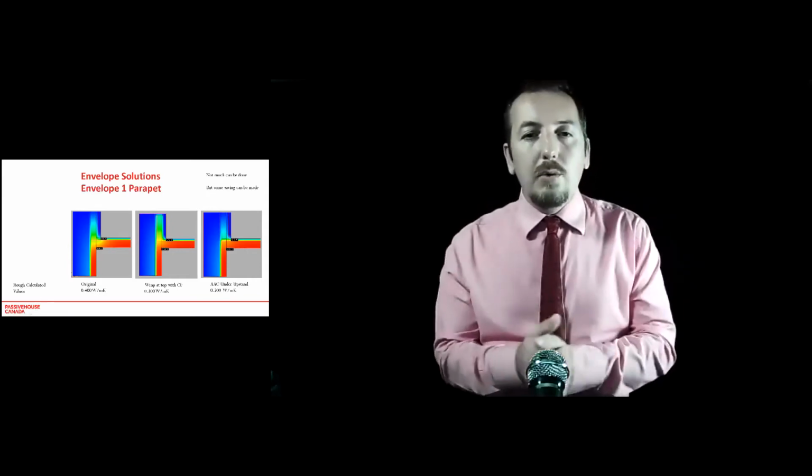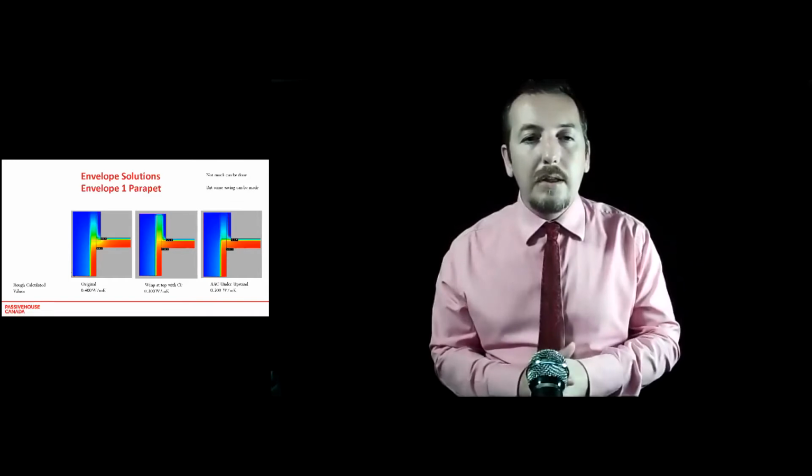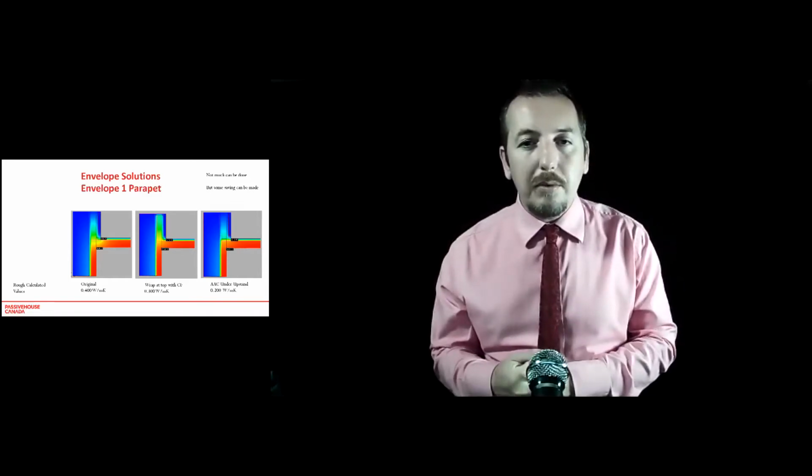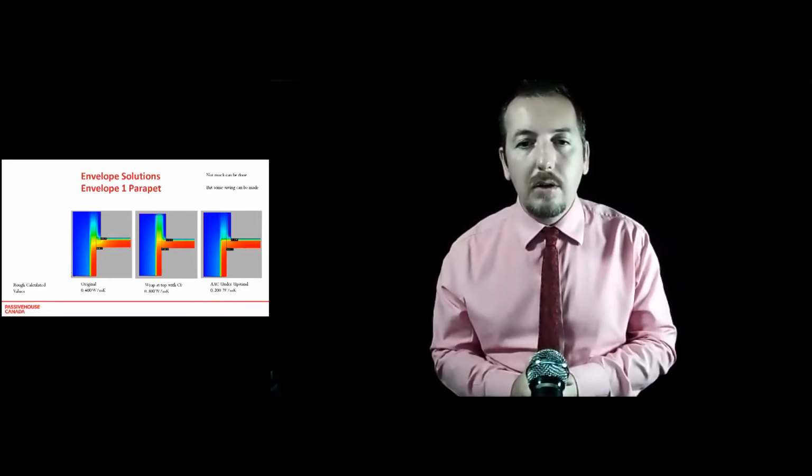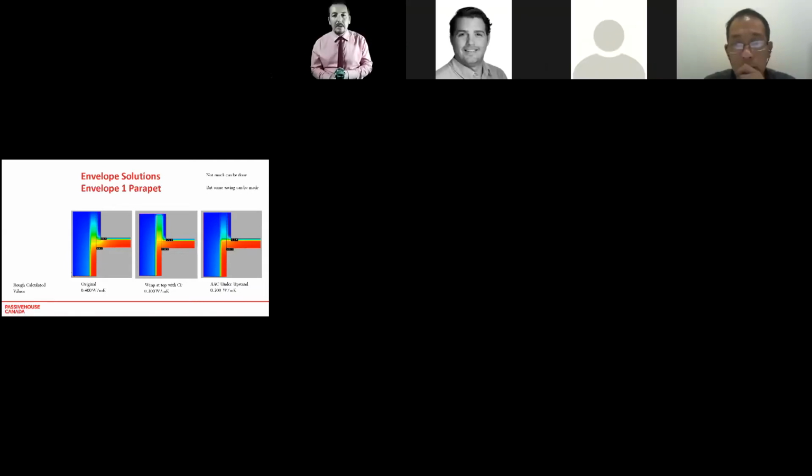Okay, so what I've done here is I've just got some examples, again, just generic examples. I mean, we couldn't take real details or anything like that. But basically what we have is reinforced concrete with external insulation.